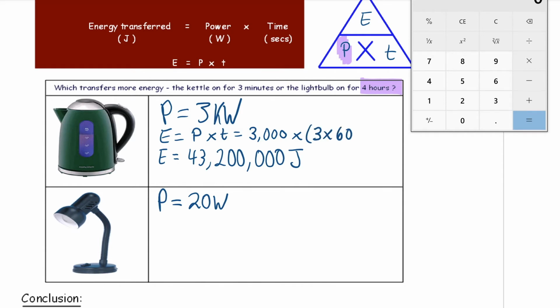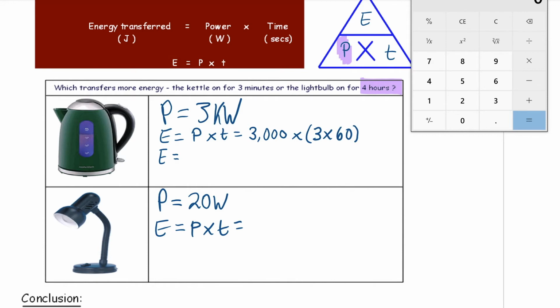I thought it was an awful lot of energy, so apologies there. Let's just change that. And before I forget, make sure I put the correct values in for the lamp.